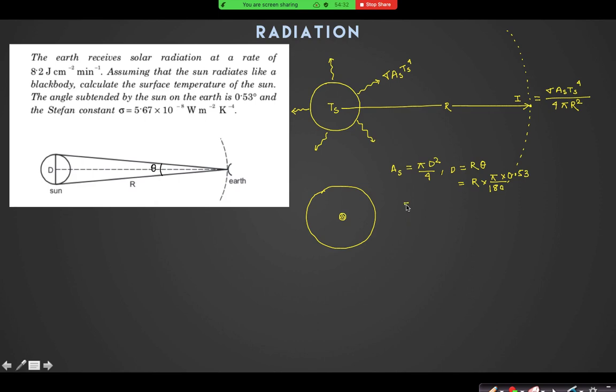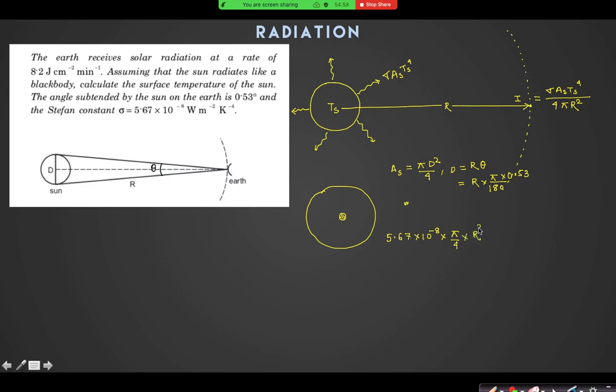So now I can equate this intensity in joule per meter square per second. So it's 8.2. Let us first write this one. 5.67 10 power minus 8 into pi by 4 d square.